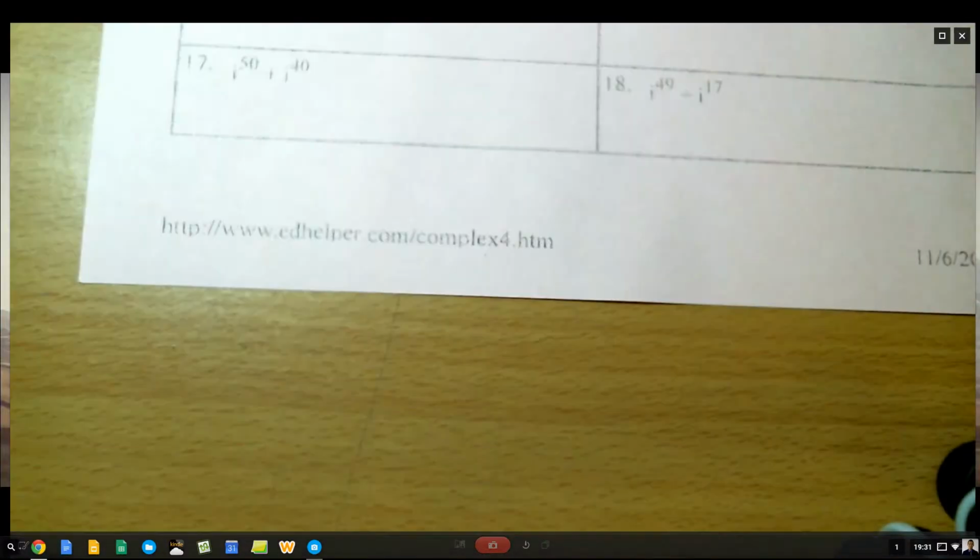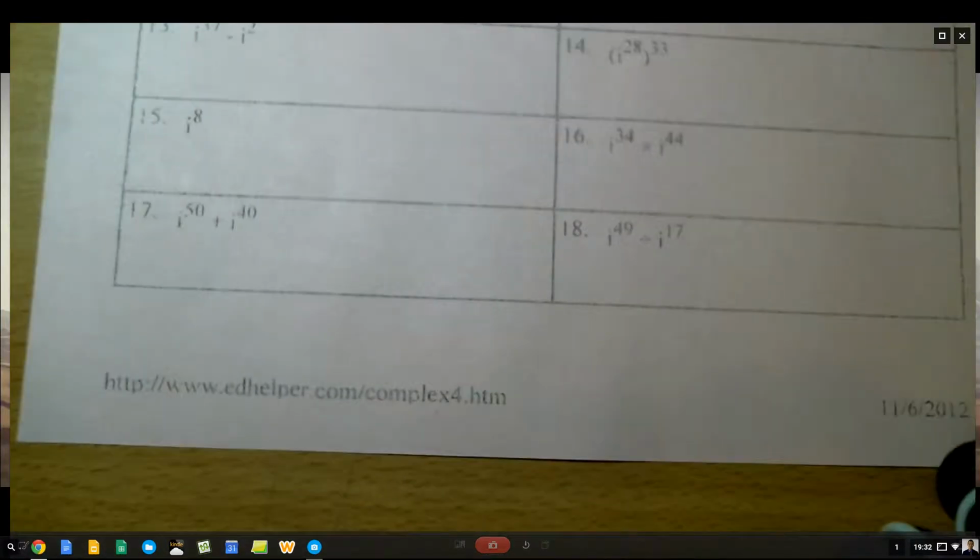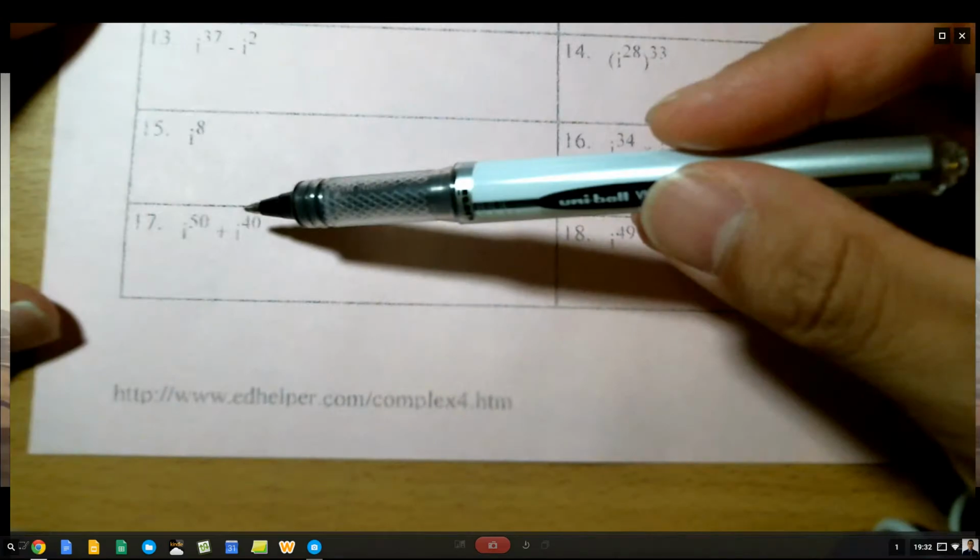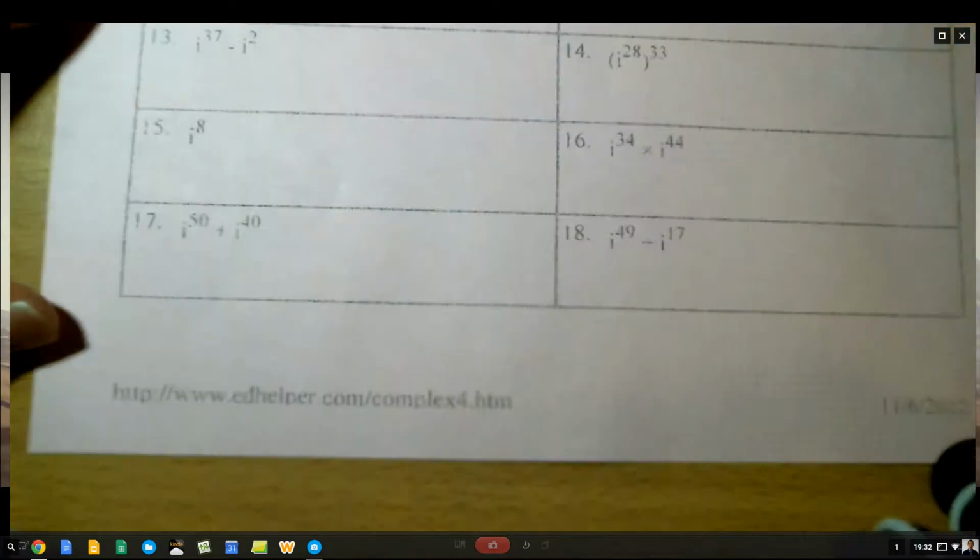Number 17. We have i to the 50th power plus i to the 40th power.